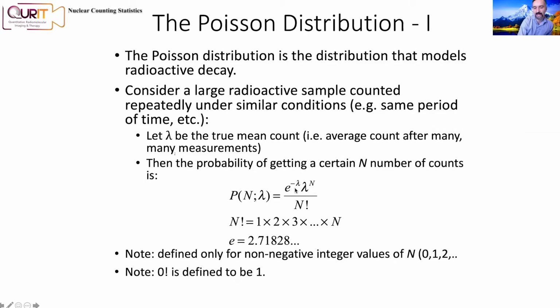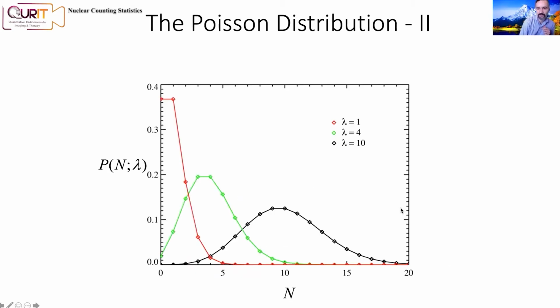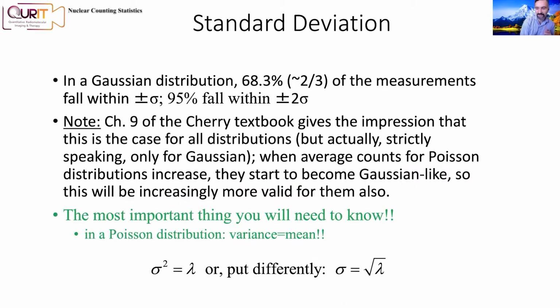Here, by lambda, we simply mean the mean count, the actual average number of radioactive decays. Whereas previously, lambda was the decay rate compared to the total number of counts. So it's not the same. Good question. I hope that answers it. This lambda is different than that lambda.